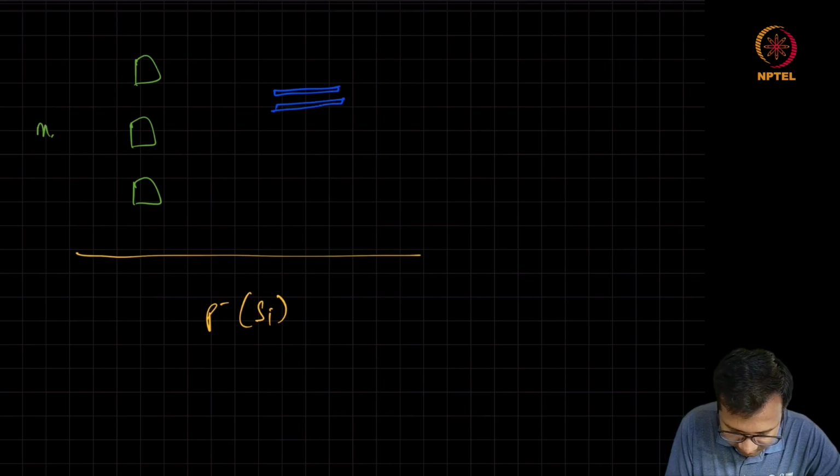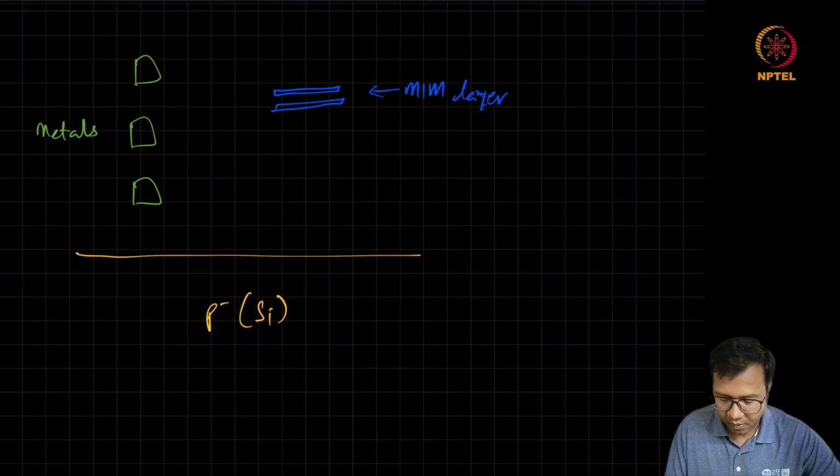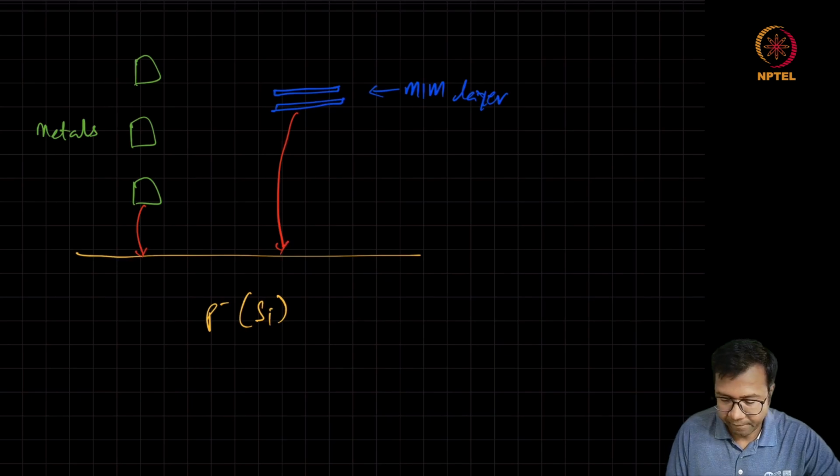So these are metals, and this is the MIM layer. All of these will also have some coupling to the substrate.